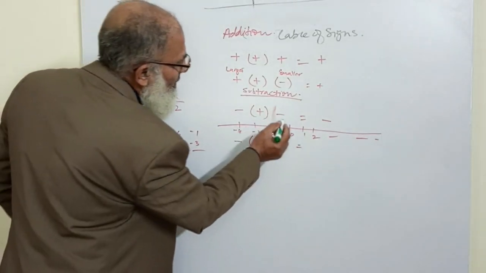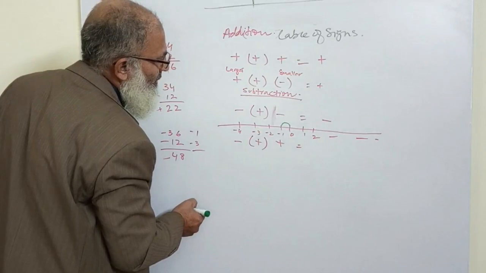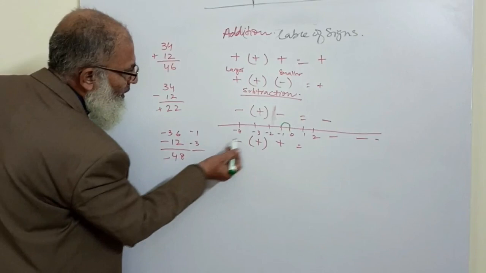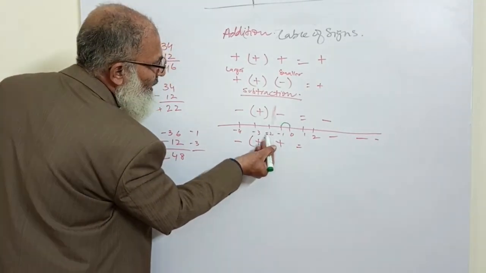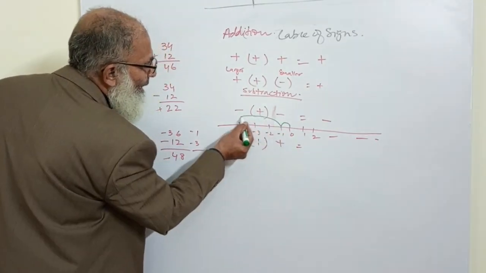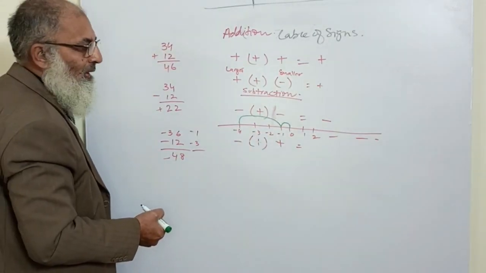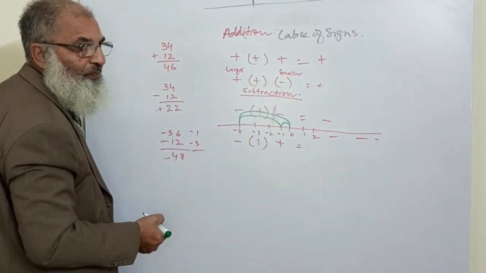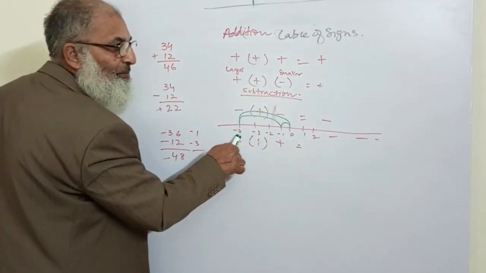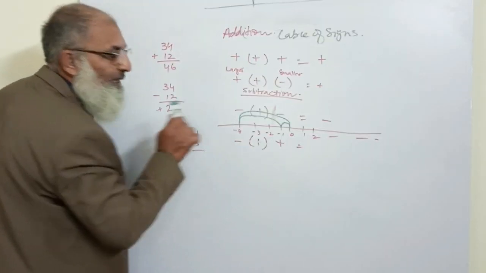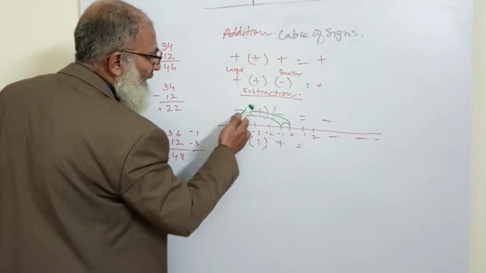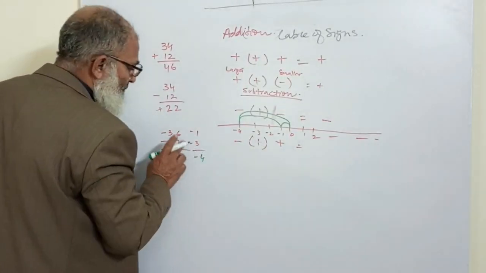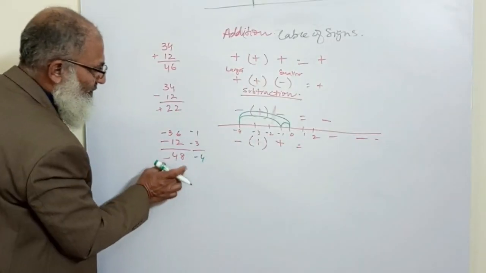You add minus 1, and you have already taken minus 1. Now you have to take minus 3. Now this becomes minus 1, minus 2 and minus 3. Now what comes? The outcome? This is the outcome. So what is the total number? 4. But in the negative direction. So the numbers are added together but with the negative sign.